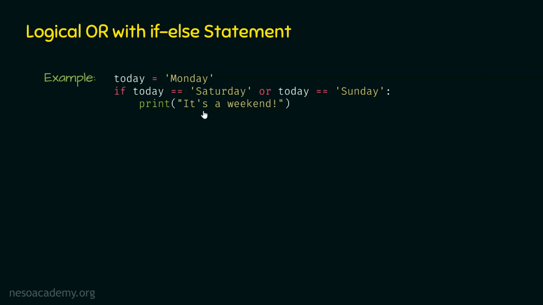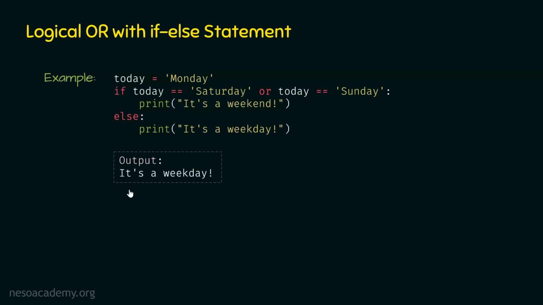Therefore, we can write the else block here to print it's a weekday. So let's type this down. Else print it's a weekday. As today is Monday, these two conditions are not satisfied. Therefore, else block will be executed, and this means that it's a weekday will be printed on the screen. Therefore, the output of this program is it's a weekday. I hope this is also clear.